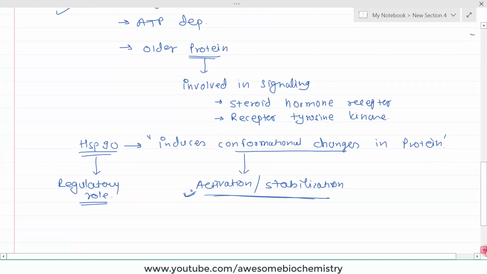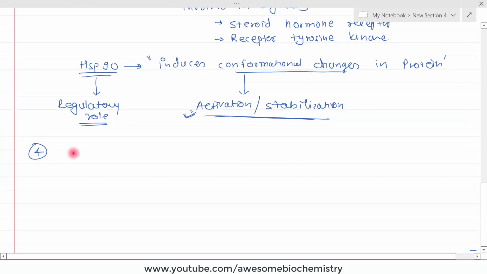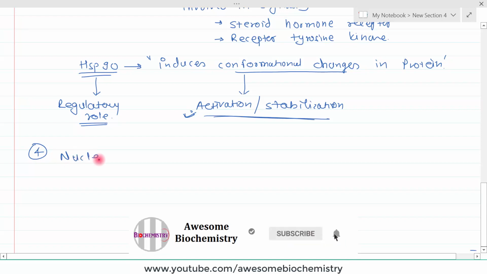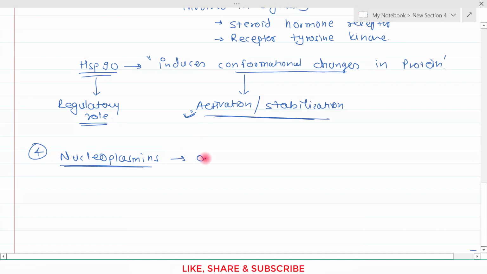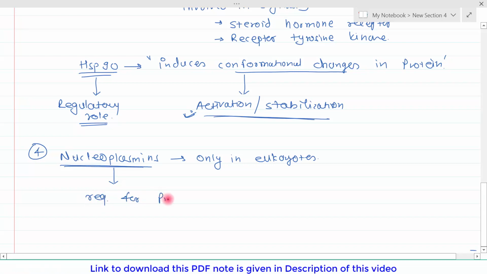And the fourth system of molecular chaperone is the nucleoplasmins. Now nucleoplasmins, just like HSP90, are only found in eukaryotes. There is no counterpart in the prokaryote. And nucleoplasmin has a very specialized function: it is required for the proper in vivo assembly of nucleosomes.